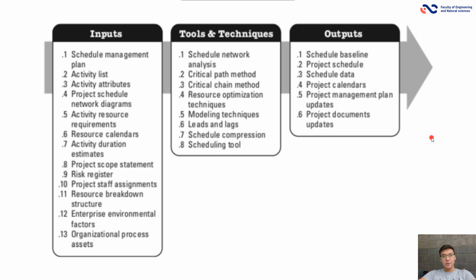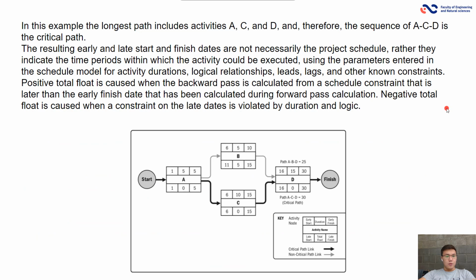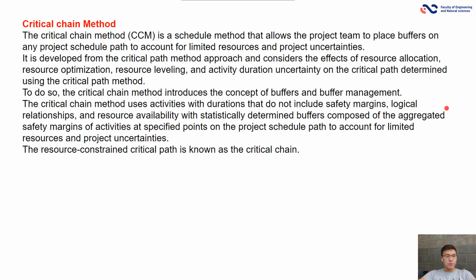Tools and techniques: schedule network analysis, critical path method, critical chain method, resource optimization techniques, modeling techniques, leads and lags, schedule compression, scheduling tool. In outputs, schedule baseline, project schedule, schedule data, project calendars, project management plan updates, project documentation updates. Here you have some examples.